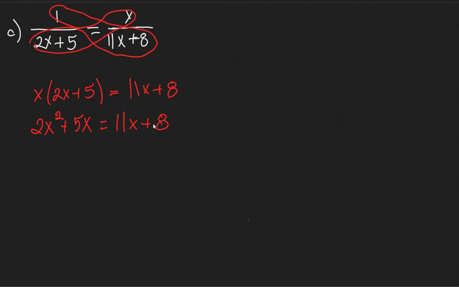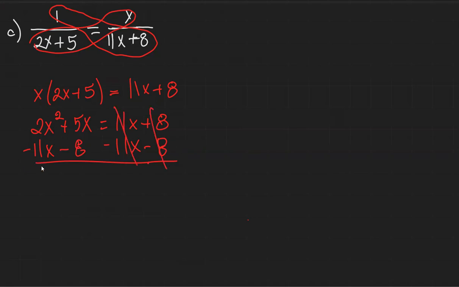Let's subtract everything onto the left. So minus 11x minus 8. Actually, it doesn't matter, just make sure you subtract them correctly. On the right-hand side, they all simplify each other out.